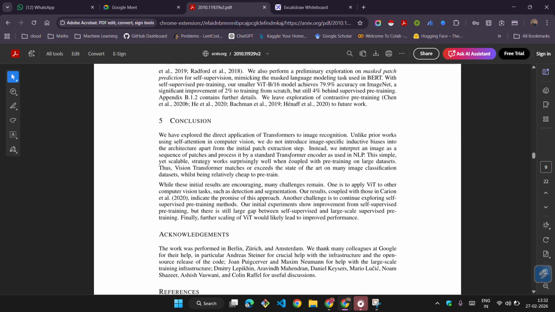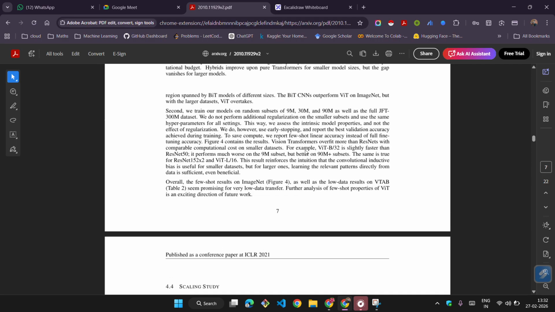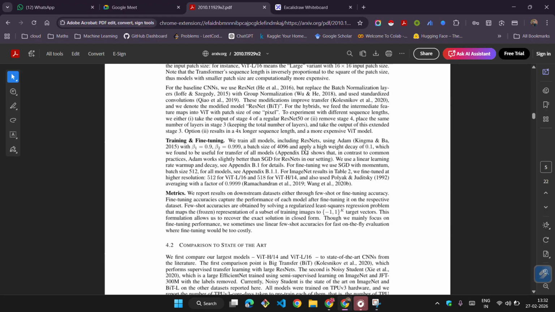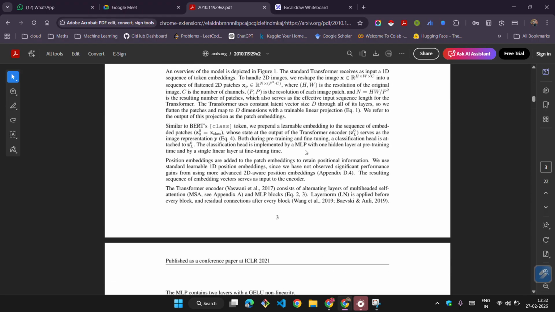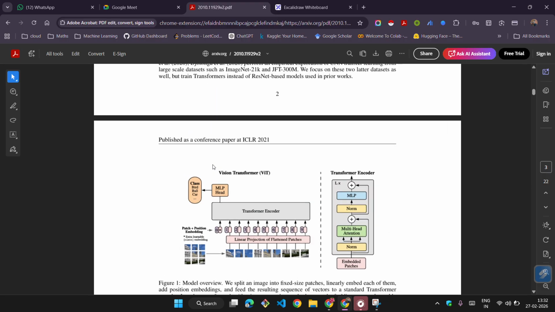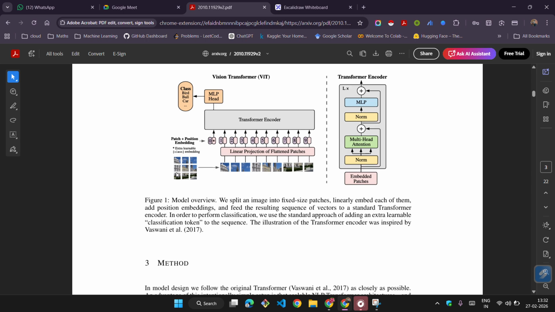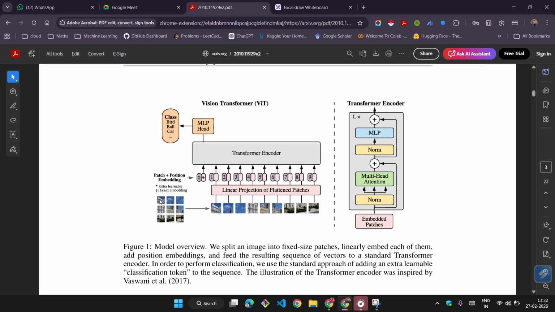So I just want to explain this. Unlike prior work using self-attention, we don't introduce any specific inductive bias into the architecture apart from the patch extraction step. So why is this? This occurs because we are flattening the image. Convolution operations were basically better for image classification until now because when you apply convolution, it moves stride by stride. After moving stride by stride, that current convolved filter is able to capture the perspective of its left, right, bottom, and top.